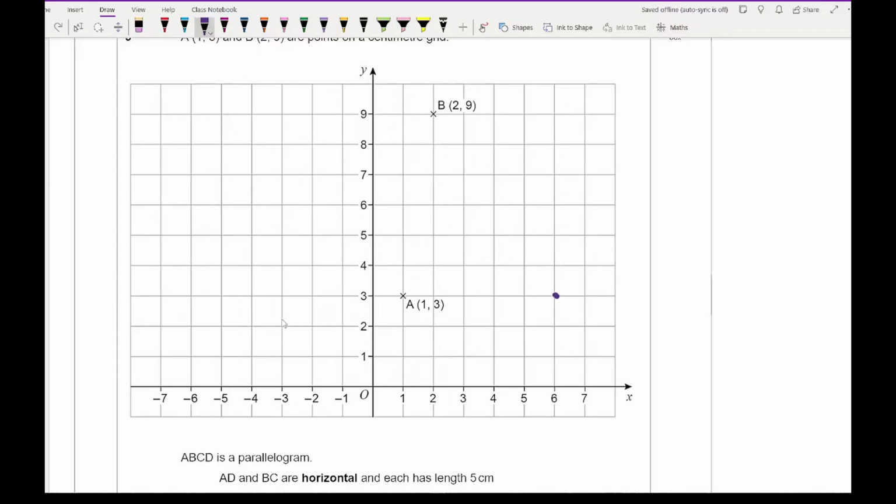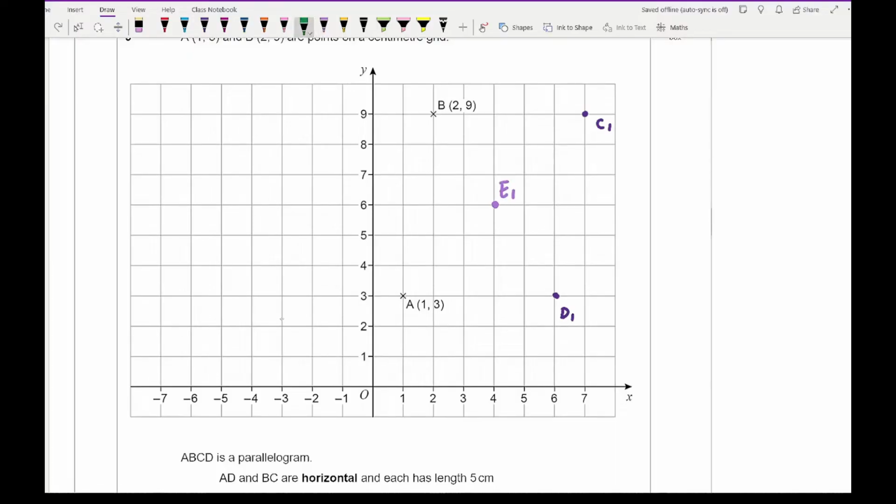So this is one point that D could be. So I'll just call that D1. And for C, that's going to be there. So the diagonal for each of these, if C and D are at that point, is going to be at 4, 6. So that's where E1 is going to be.